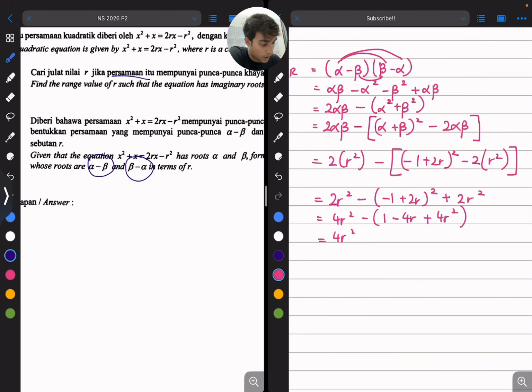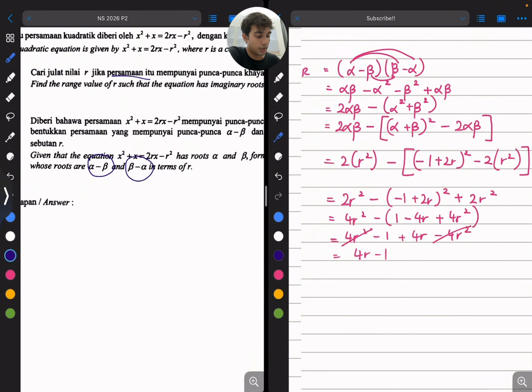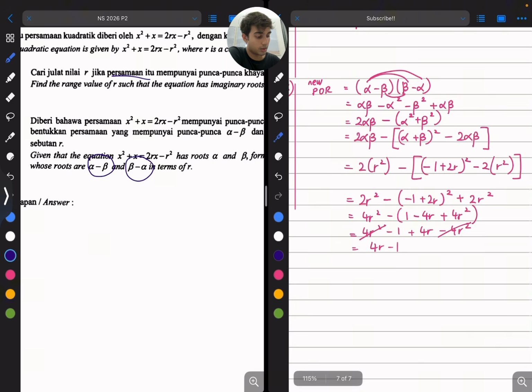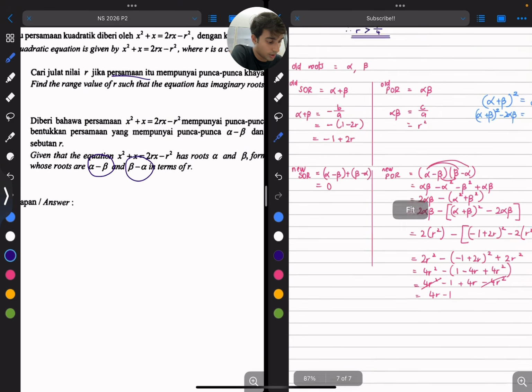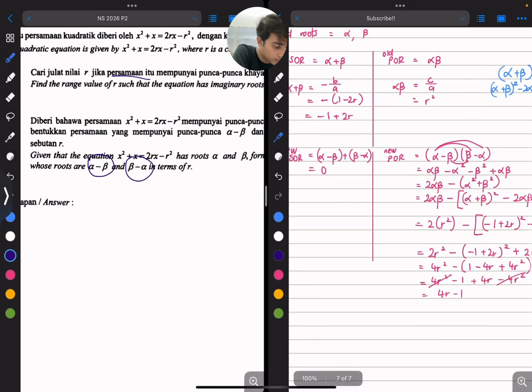So 4r square minus 1 plus 4r minus 4r square, the 4r square cancels off, so we get 4r minus 1. I just rearrange this. So 4r minus 1 will be our product of roots. Basically, yeah.